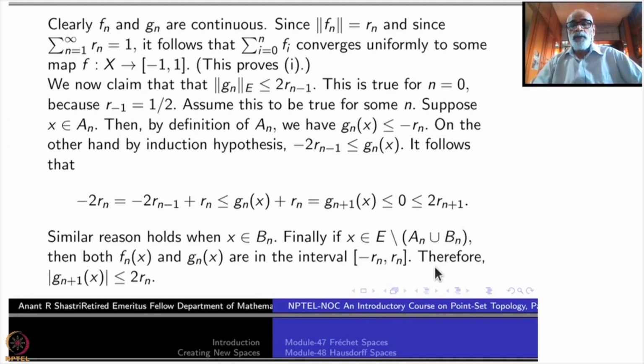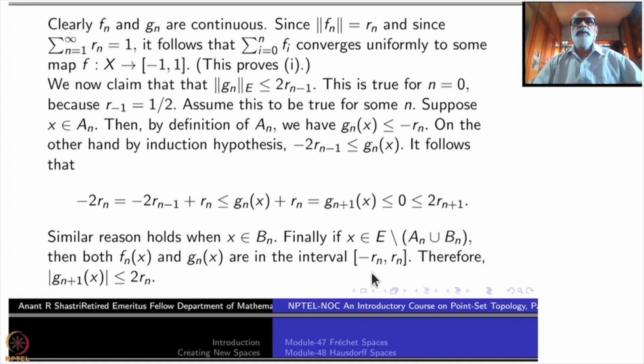So such a point automatically satisfies Gn plus 1 of x less than or equal to Rn plus Rn, and bigger than or equal to minus Rn plus minus Rn. So the modulus is less than or equal to twice Rn, because both Fn and Gn are inside this one.